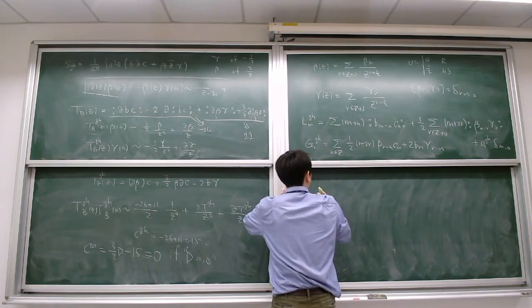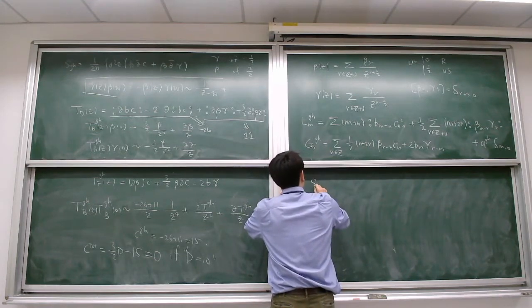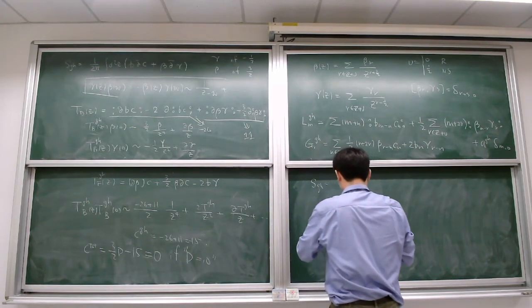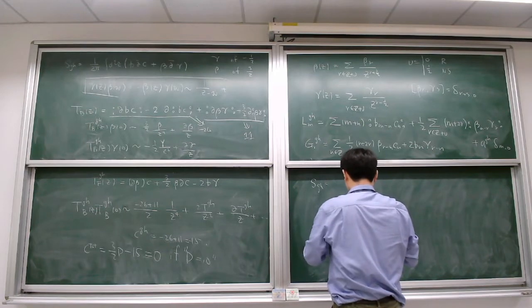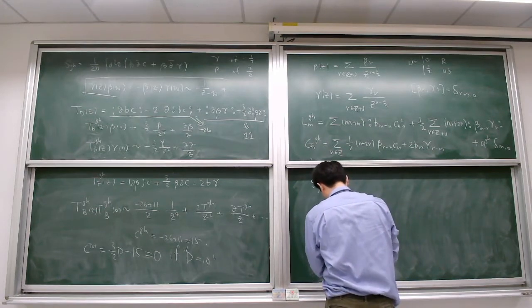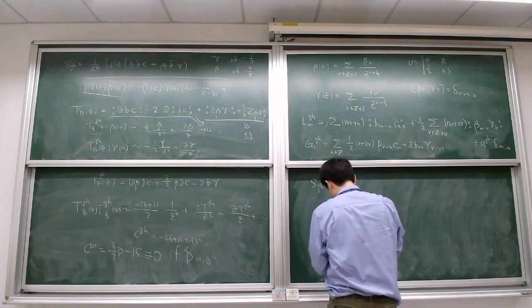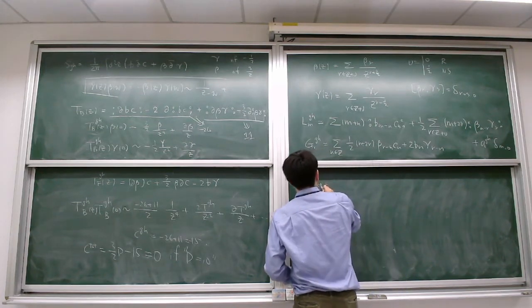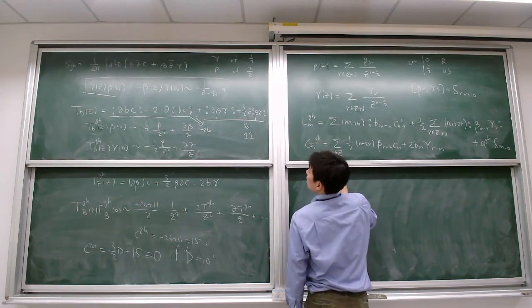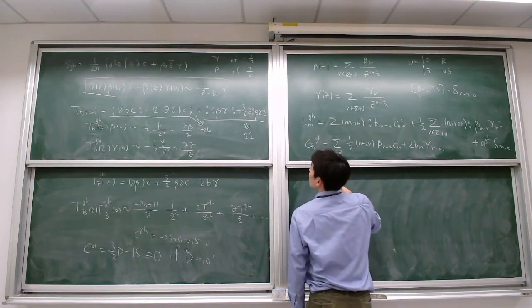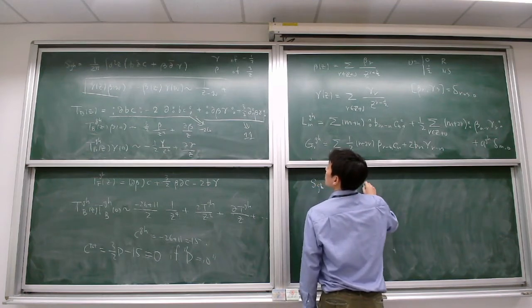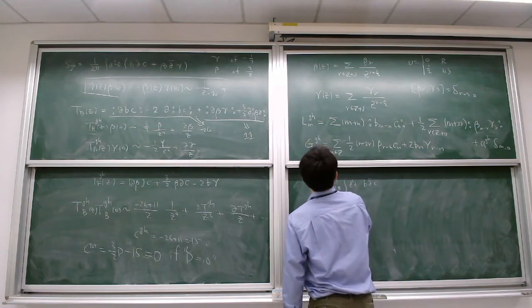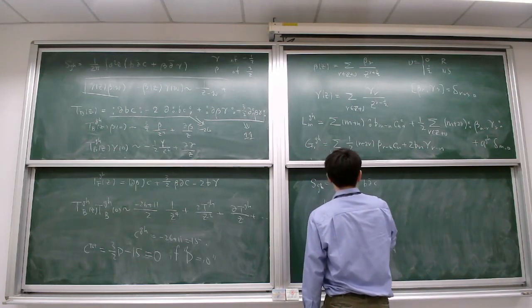So the ghost action is just 1 over 2π, ∫d²z b ∂̄c.